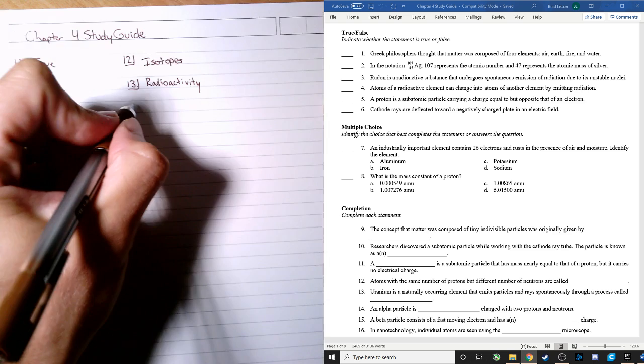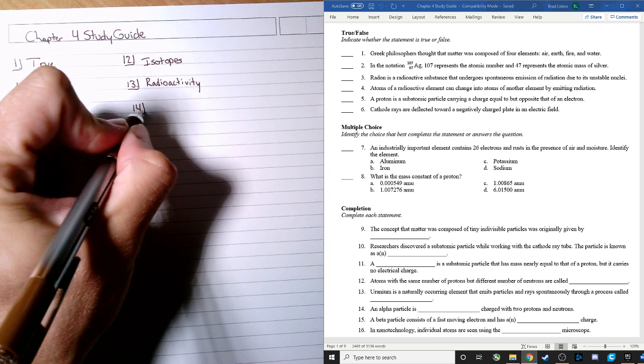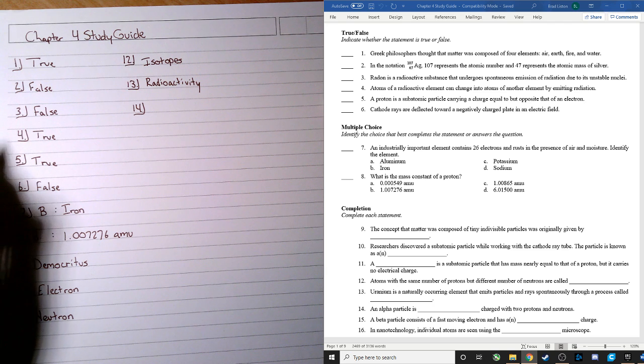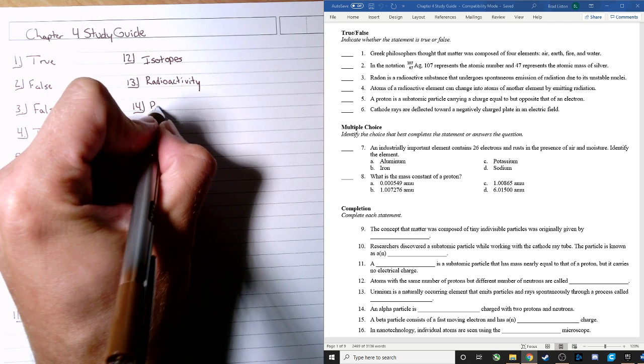All right, for number 14. An alpha particle is blank charged with 2 protons and neutrons. You should have positively.